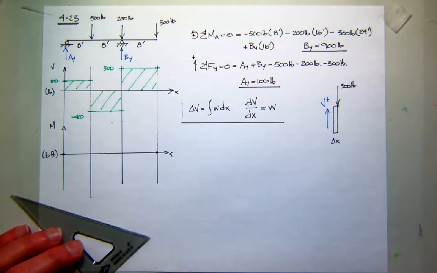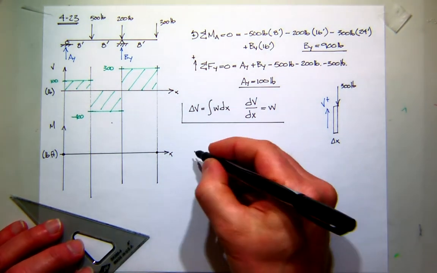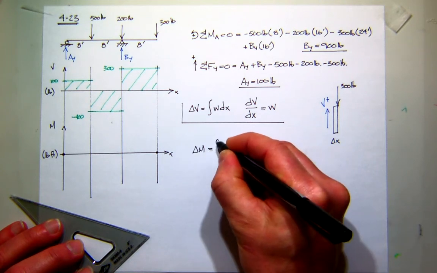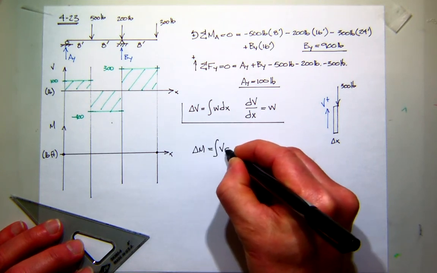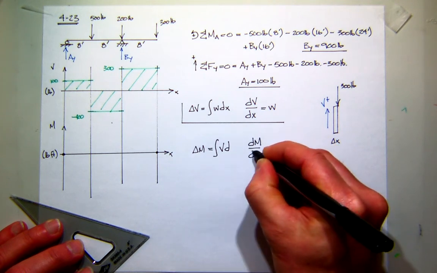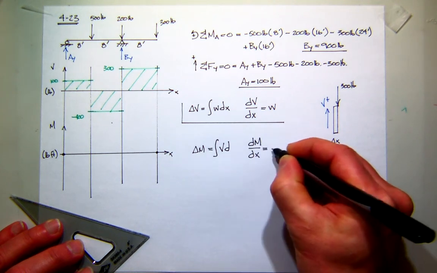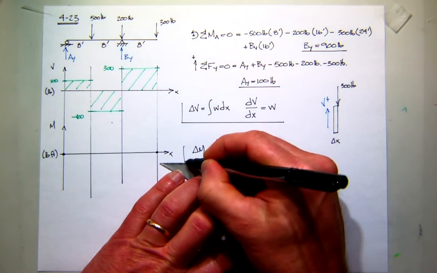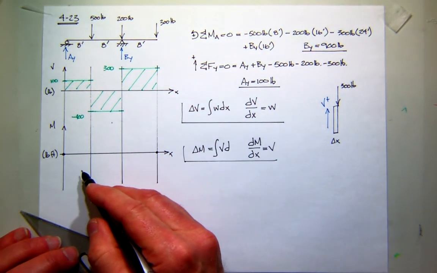Okay? So we're going to use the rules now for the moment diagram. The change in moment is now the integral under the what? Shear diagram. And the change in the moment with respect to x, the derivative of the moment diagram, is the shear. So these will be the set that we'll use for this diagram.